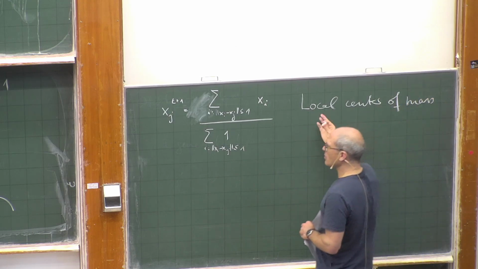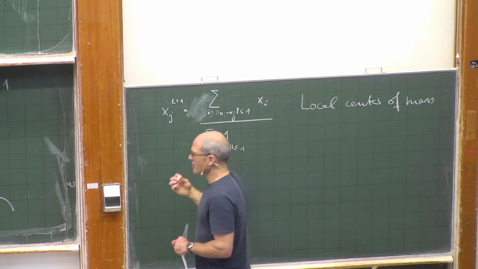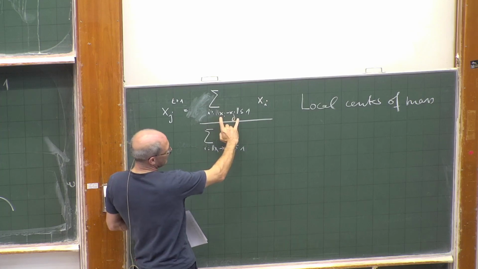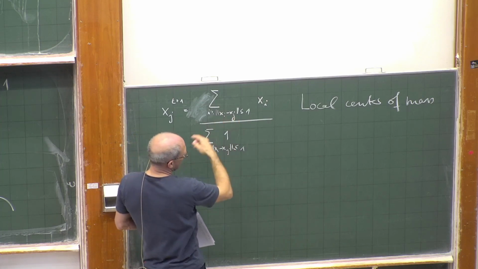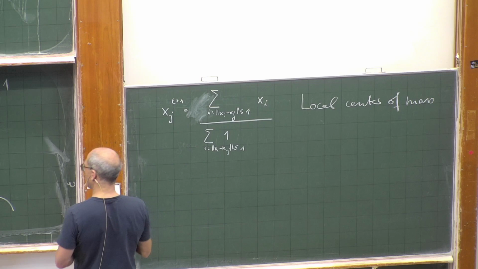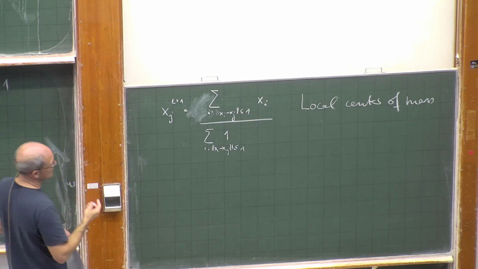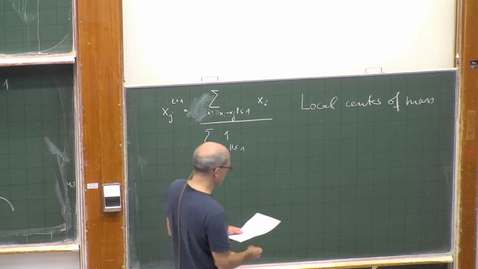By local, I mean that we only consider the points which are close by, and normally we weight them. But for the case of the Epanechnikov kernel, this weight is just uniform.